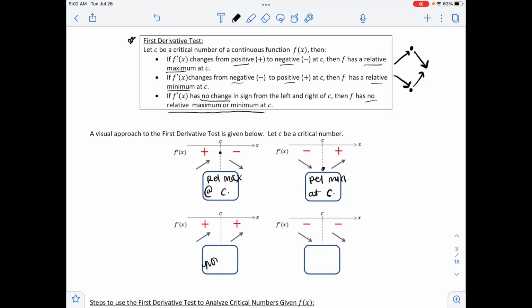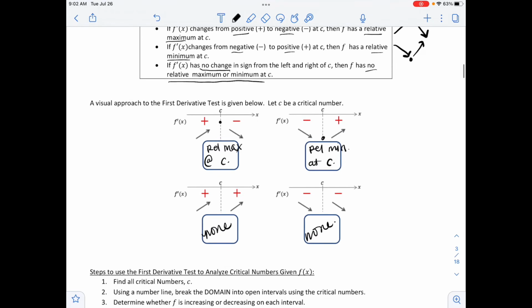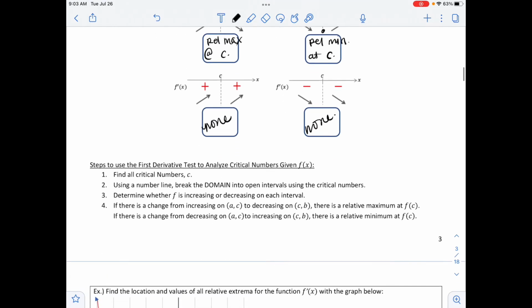So this means we would not have any relative max or min. And then likewise, decreasing to decreasing, same thing. So none there. It's not changing, it's staying constant.